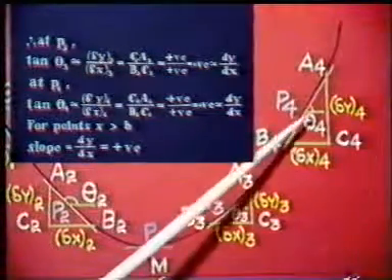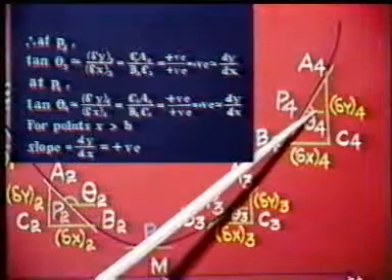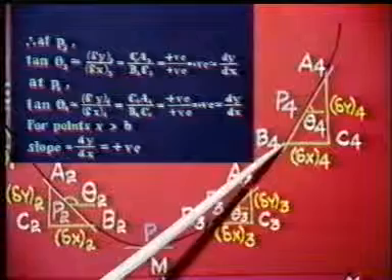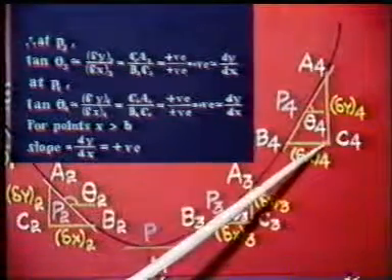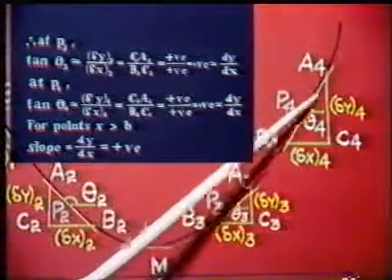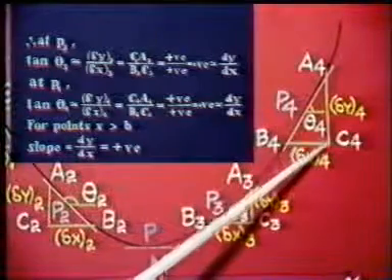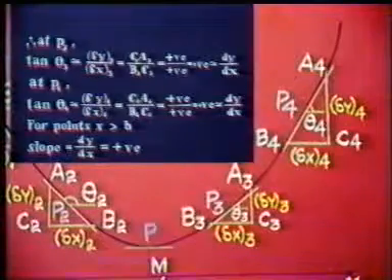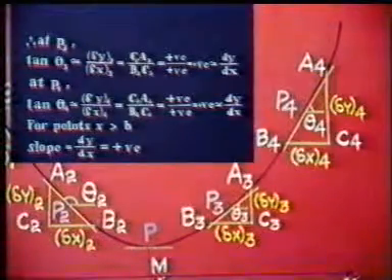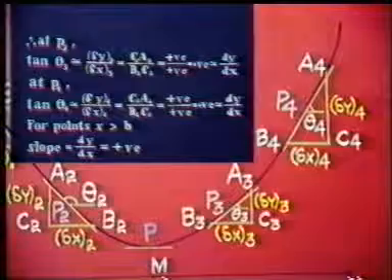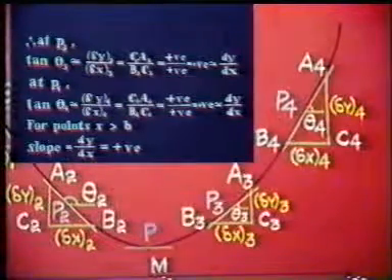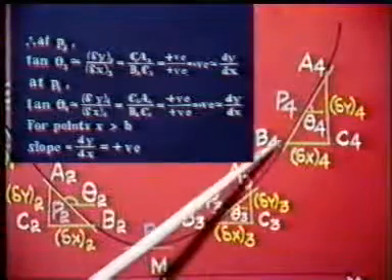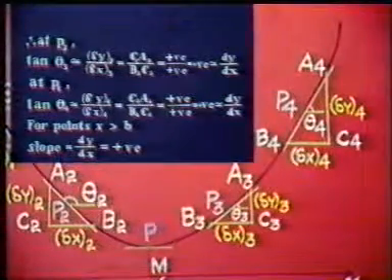At point P4, tan theta 4 is approximately equal to delta y4 divided by delta x4 is equal to C4A4 divided by B4C4, is equal to positive divided by positive, is positive, and is approximately equal to dy upon dx. Thus, at any point on the right of the point P, slope dy upon dx is positive.